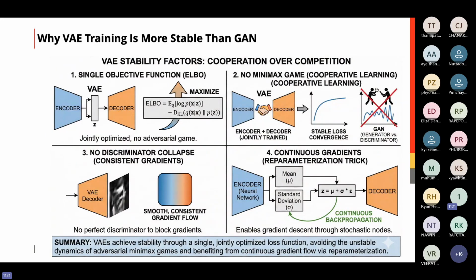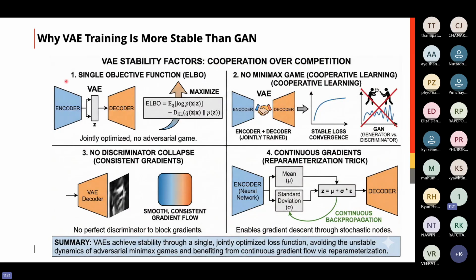Why is VAE more stable than GAN? Right? One of the very important questions. We learned GAN before. GANs compete. How does VAE become better? The first thing: game theory is nice, but it creates dynamical system instability.